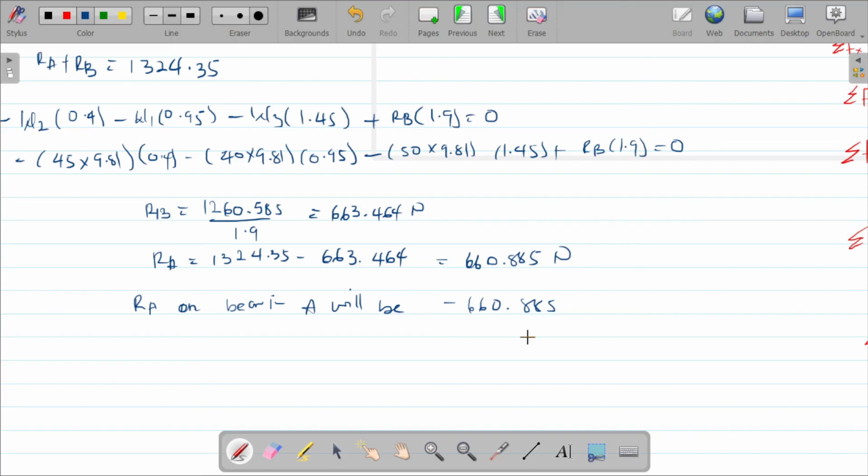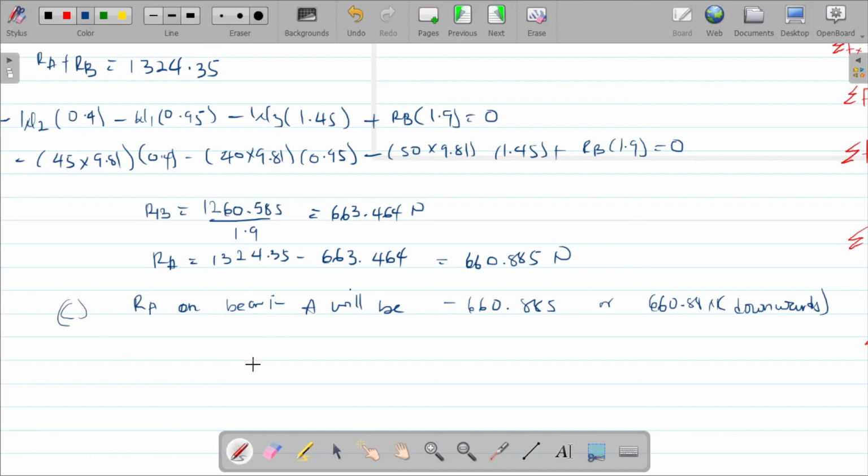Or you can say it is 660 at a certain angle. So you can say it is 660.885 Newton downwards, right? So this one will be for the C.